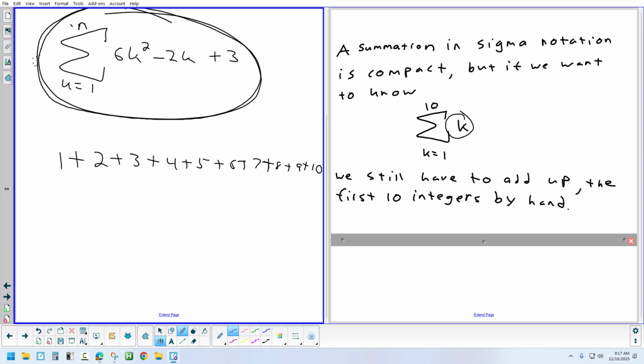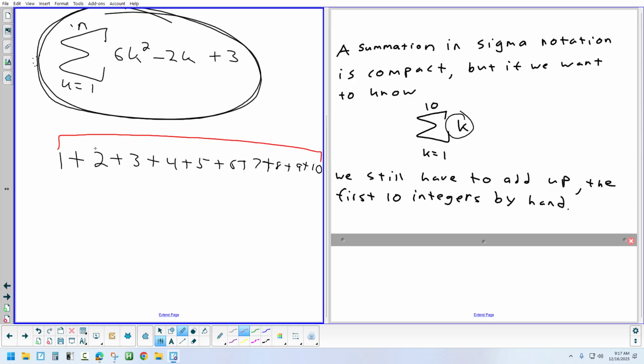How did you figure that out? Well, if you take 1 and 10, that makes 11, and then 2 and 9 make 11, and then 3 and 8 make 11. You're adding all these up, so you can add them up in any order you want. If you pair them up, 1 and 10, that's an 11.